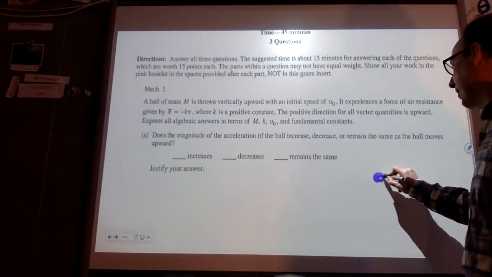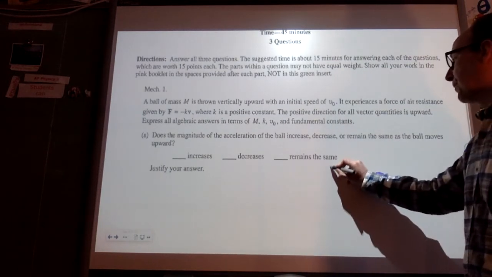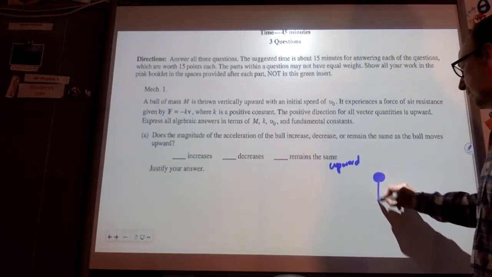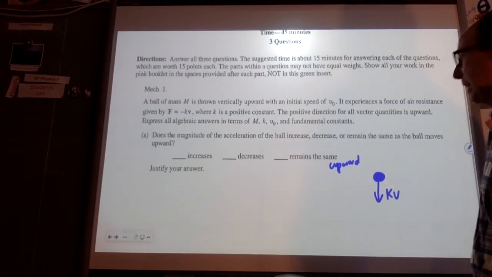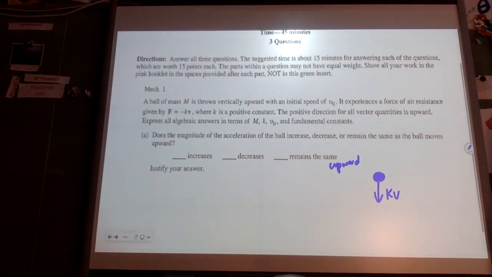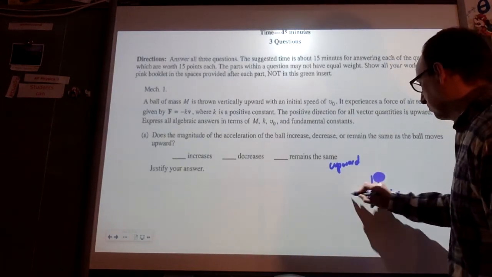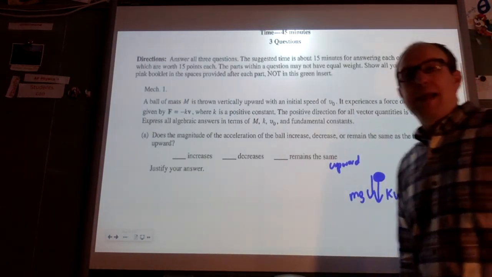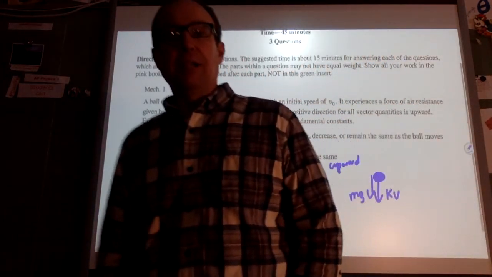All right, so let's look at our free body diagram. As it moves upward, we have kv directed down, and we have mg directed down. As it goes up, it's going to slow.